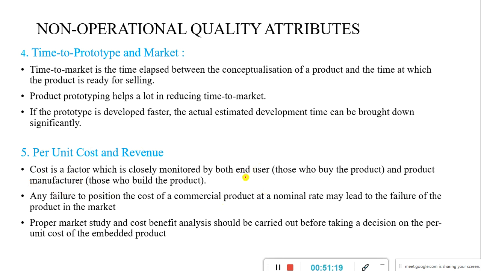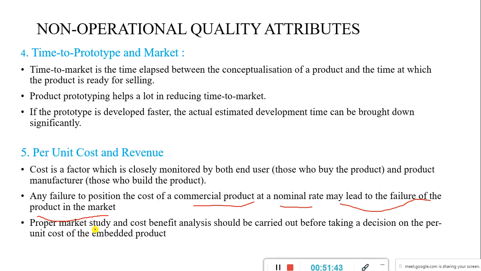So this is a big trade-off between buyer and manufacturer. Any failure in positioning the cost of a commercial product at the nominal rate may lead to the failure of the product in the market also.